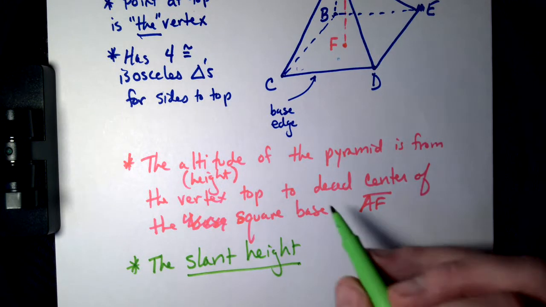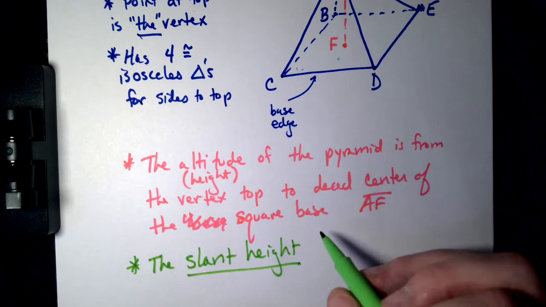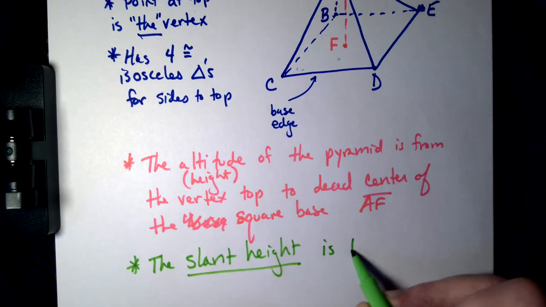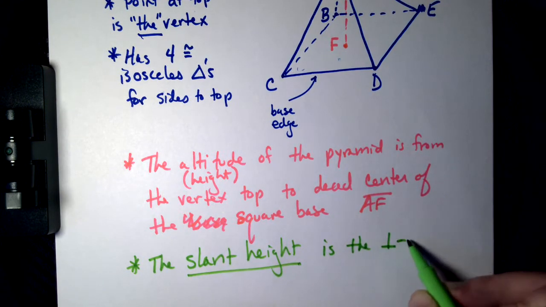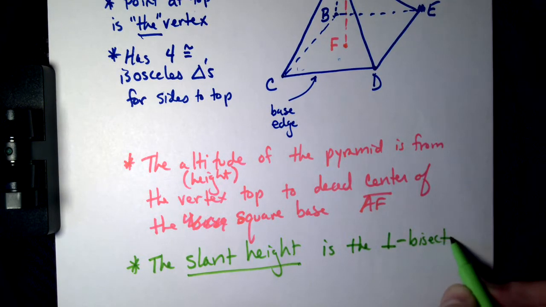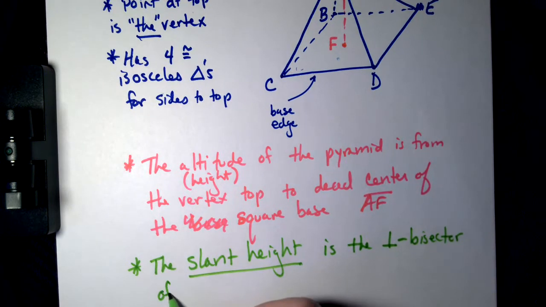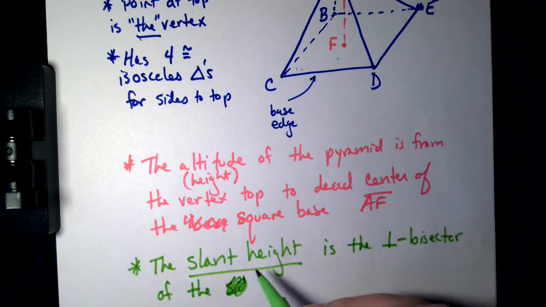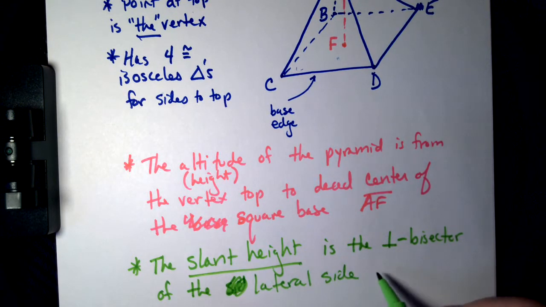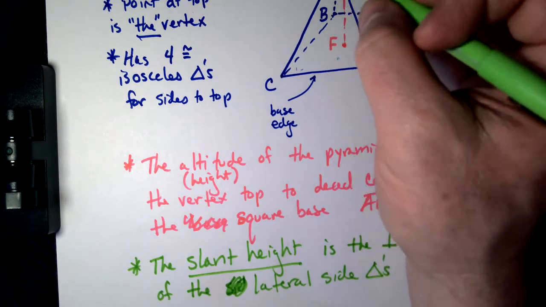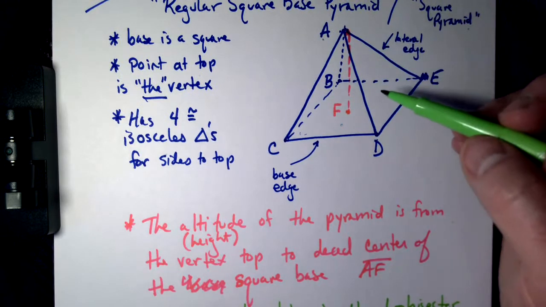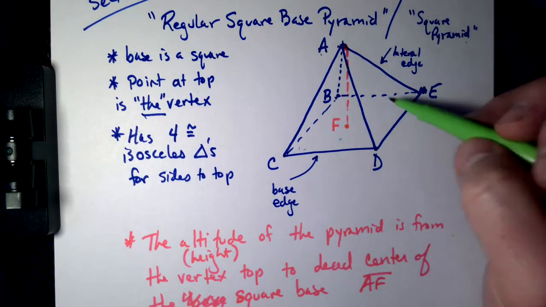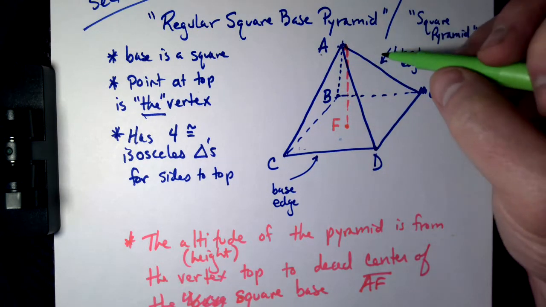The slant height is the perpendicular bisector of the side, I shouldn't just say side, of the lateral side triangles. I can do it on any one of these, but the only place where it's really going to look clear is on this right side without interfering with other lines that we drew in.